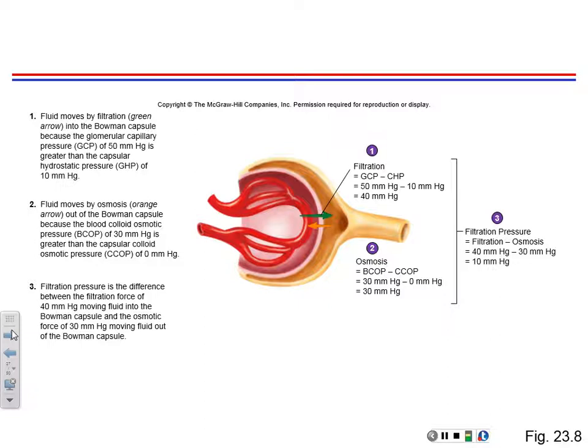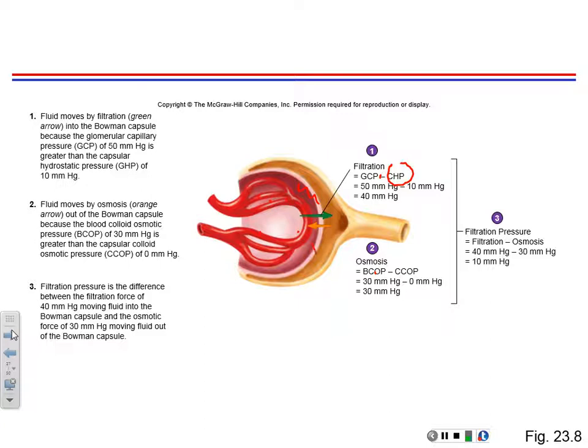So the glomerular capillary pressure, which is the pressure in here, minus the blood colloid osmotic pressure. Because when you remove fluid from the blood vessels, it's going to become more concentrated. Any concentrated fluid is going to start to pull, osmotic pressure is going to pull the fluid back. So that's another pressure, and it goes to 30. And here we've accounted for capsular hydrostatic pressure.